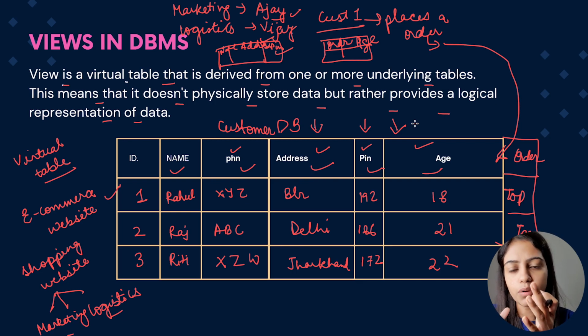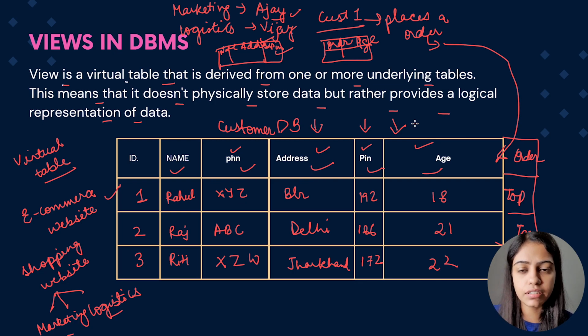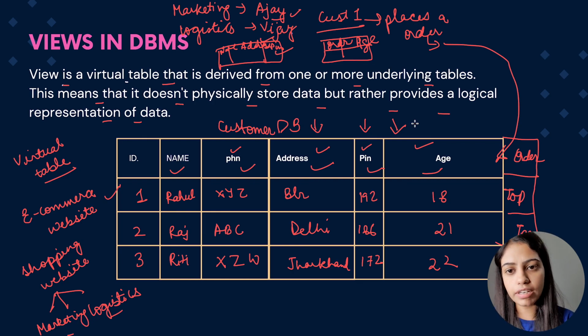A user from the marketing team would be concerned only about data which deals with marketing, like orders, age and more. A person from the logistics team is more concerned about the address, pin code and more. So I'll only show each person the data which is concerned to them. So basically this is all about views.